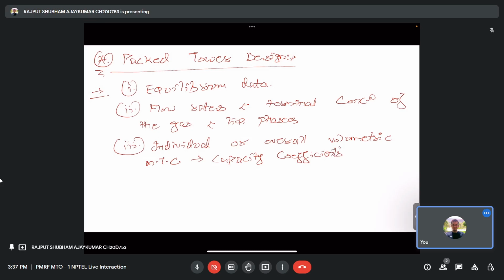Similarly, you can design the packed tower, and there are different terms and different parameters you need to take care of while designing the packed tower also.